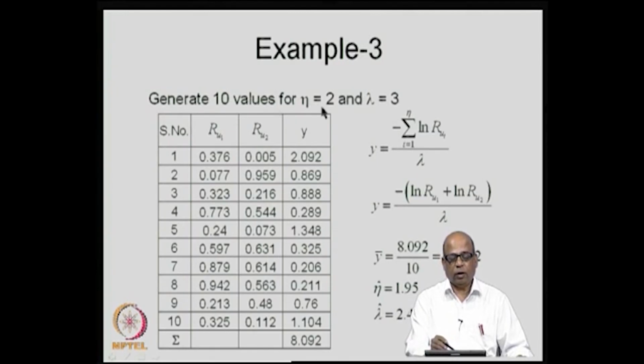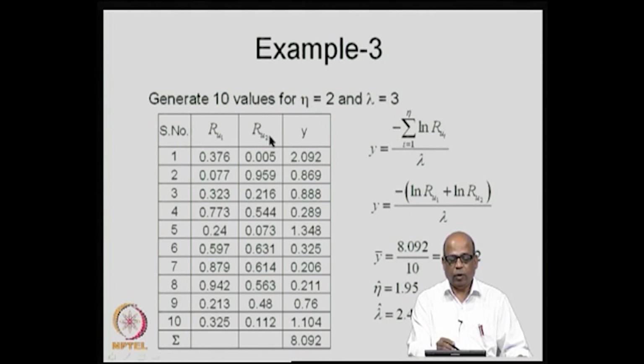So, let us use that expression and generate 10 values belonging to the gamma distribution with eta equal to 2 and lambda equal to 3. So, we are specifying the distribution and we want to generate those many values. Because eta is equal to 2, you need two random numbers to generate every number belonging to the gamma distribution.